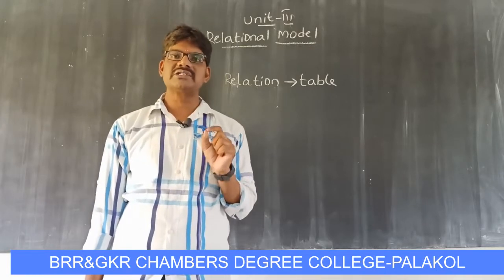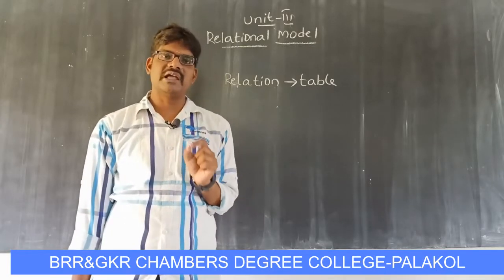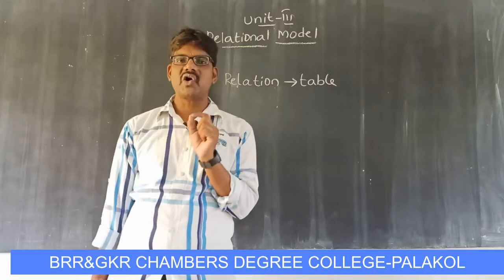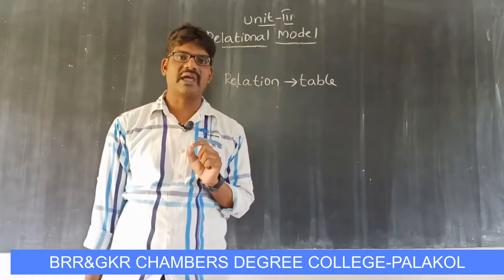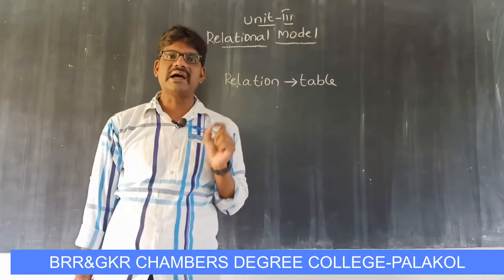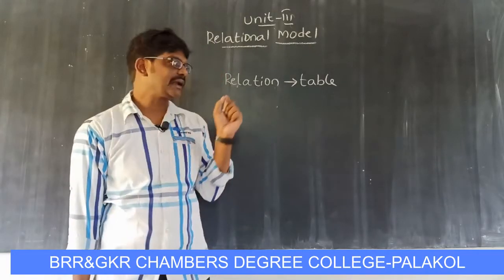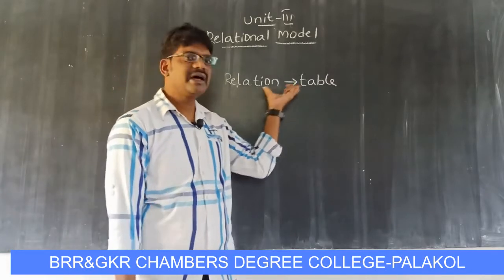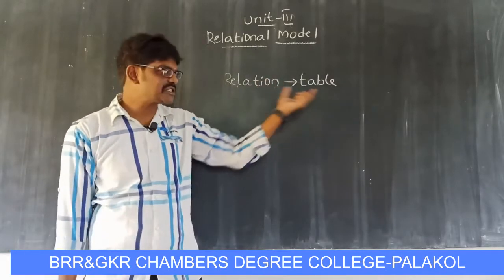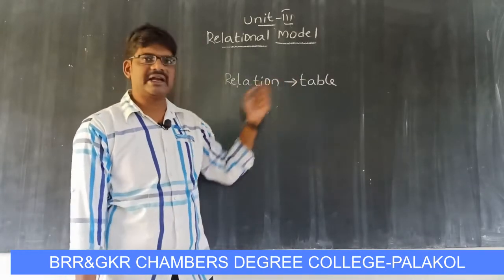So these rows in a table denote a real world entity or relationship. Data are represented as a set of relationships. So there is a relationship between data and data.